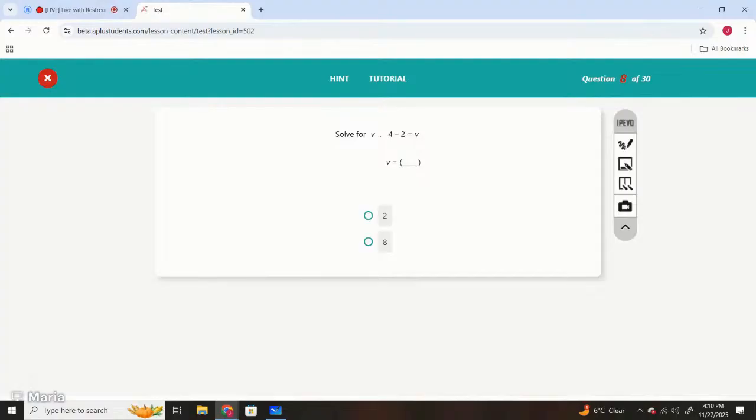Solve for V. V equals 4 take away 2. 4 take away 2 is 2. Option number 1 is the correct option.